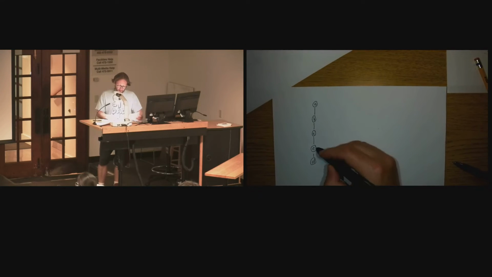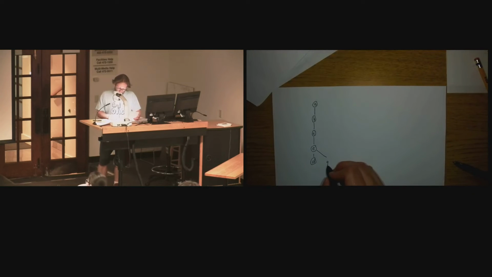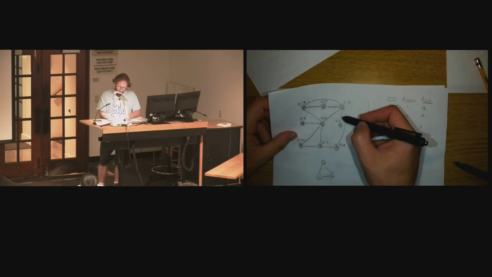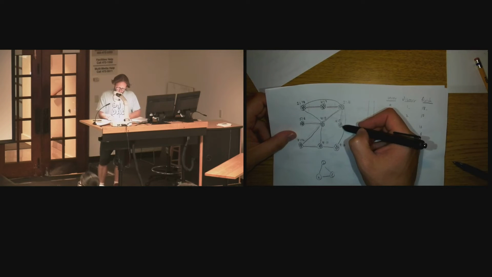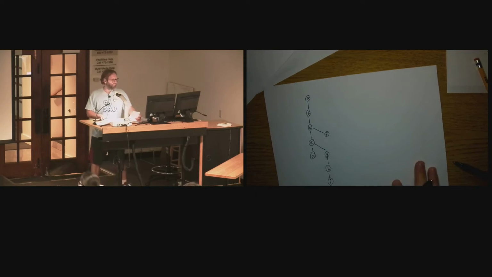Where did we go after that? We went to G. Then we went to H. Then we went to I. Then we backtracked, and then we went to F, off of C. There's our DFS tree.